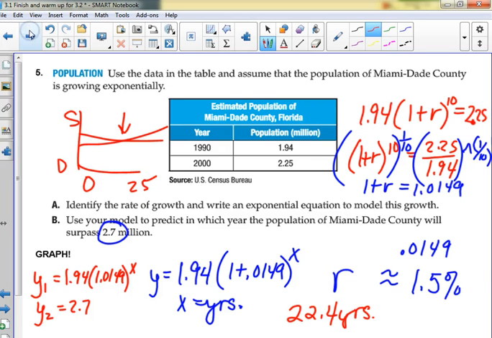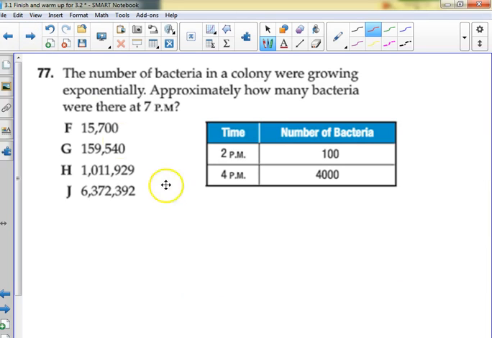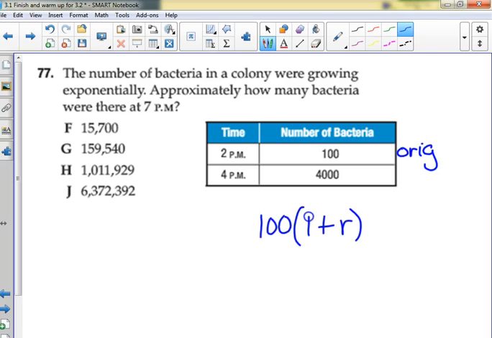We did this question. The other one I kind of wanted to do together is this. I'm not sure if you have this. Is there an exit ticket on the back of 2B? I think this is one of the exit ticket questions, which probably leaves you little or no room to do it, but let's fake this, okay? The number of bacteria growing exponentially. How many bacteria were there at 7 p.m.? So if we're going to call this our original amount of 100, it was growing exponentially by some rate that we don't know.